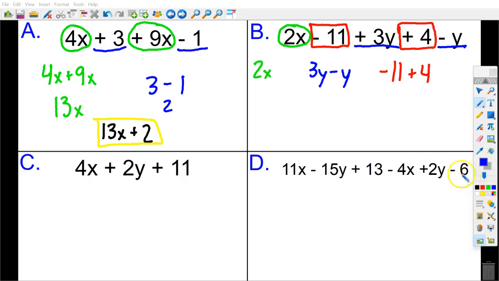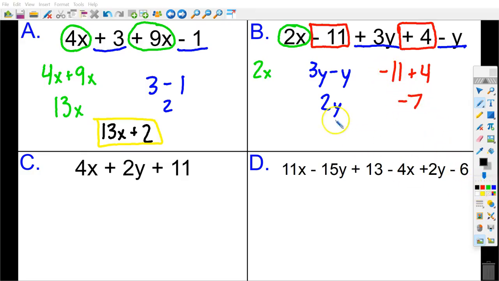So 2x, we do nothing with it. 3y minus y, that is 3 minus 1, we get 2y. Negative 11 plus 4 is really just like 11 minus 4, and then you keep the sign of the bigger number. So 11 minus 4 is 7, and then the bigger number is negative, so I make it negative.